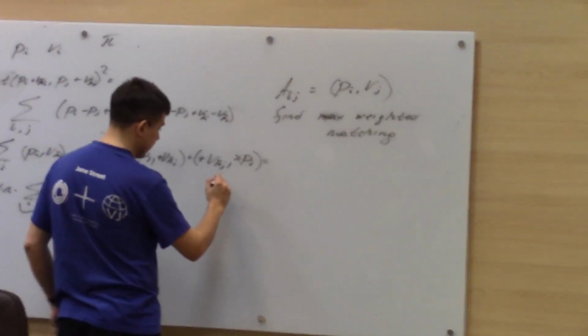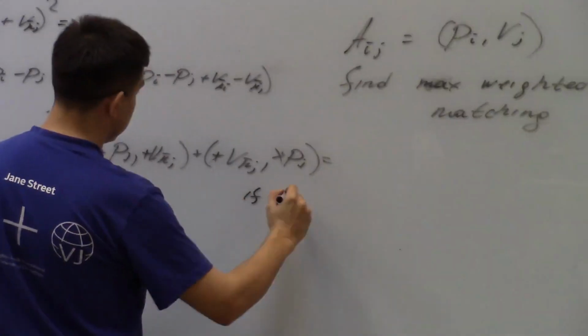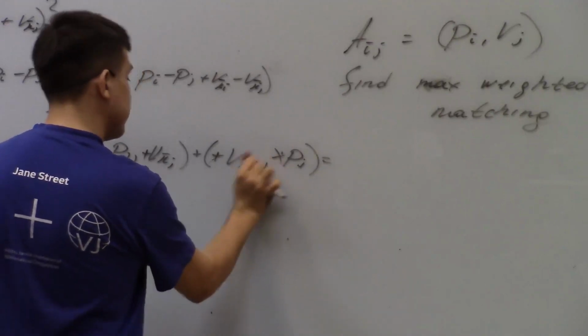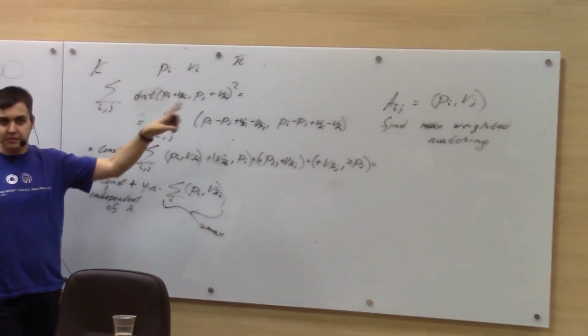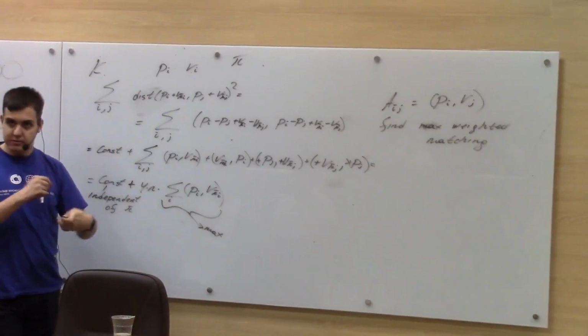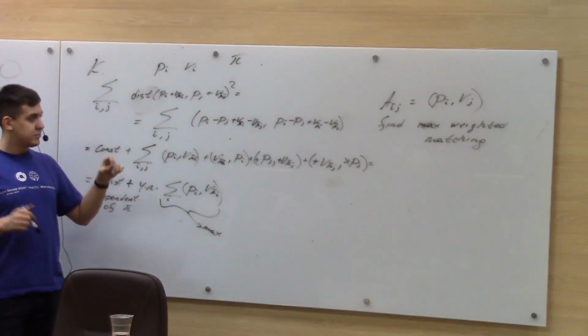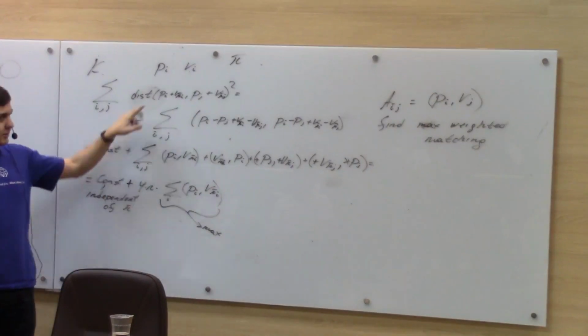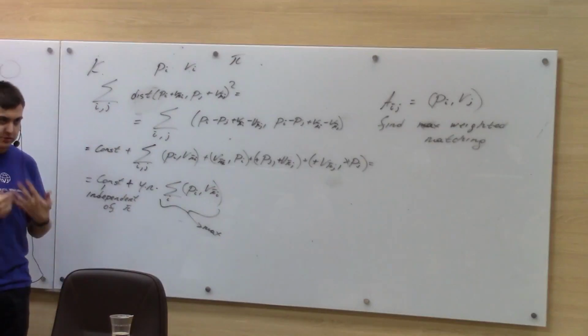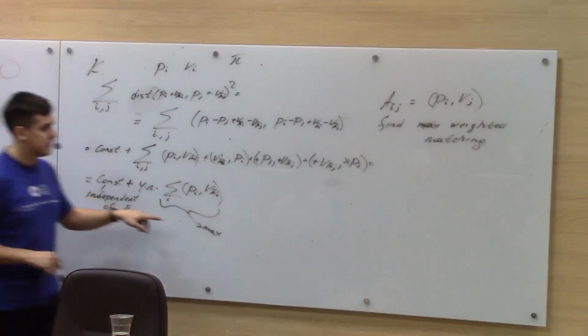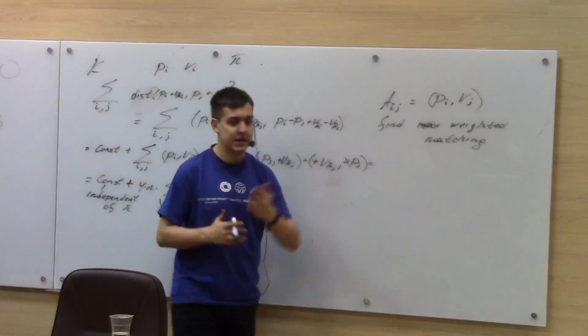So basically, if the distance between these 2 points is less than the distance between pi and pj, we can change the matching, and the total sum of distances will increase, which will contradict with the fact that we found the maximum weighted matching.